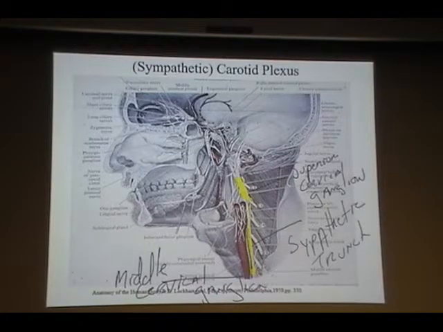Okay? So those postganglionic cells for things such as the heart and bronchioles from a sympathetic perspective are actually arising from this ganglion up here, this superior cervical ganglion, and this ganglion down here, this middle cervical ganglion. There's actually another little ganglion way down just behind the clavicle called the inferior cervical ganglion.